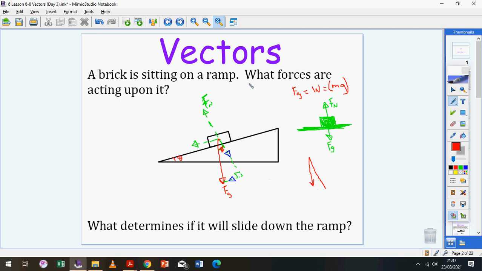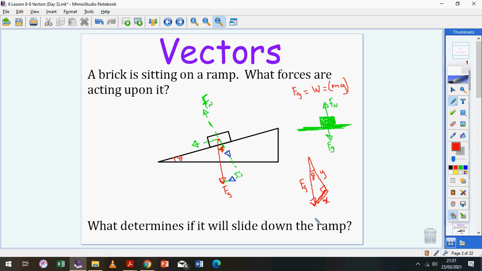I have gravity's vertical component and gravity's horizontal component. This is theta, this is gravity. So let me call this vertical component y and horizontal component x. And horizontal, I keep saying horizontal, but really I mean horizontal along the incline. So along the incline, that's what I keep meaning.